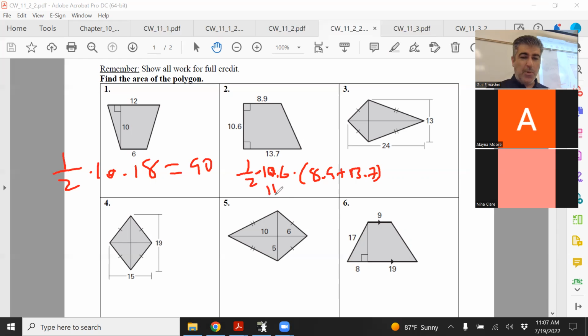So you should get 119.78. This one here is going to be 13 and 24. So 1/2 times 24 times 13. That should be 156.